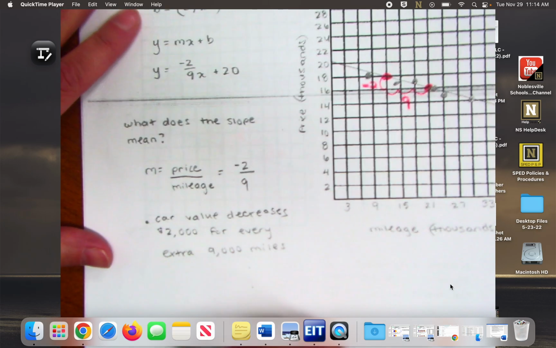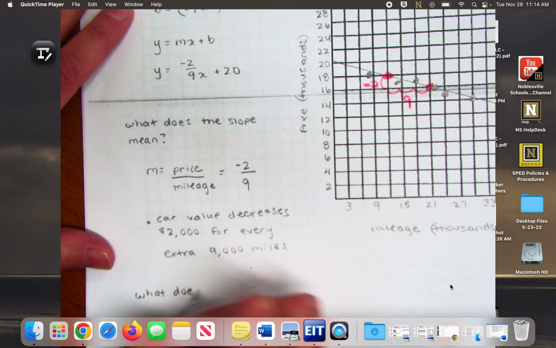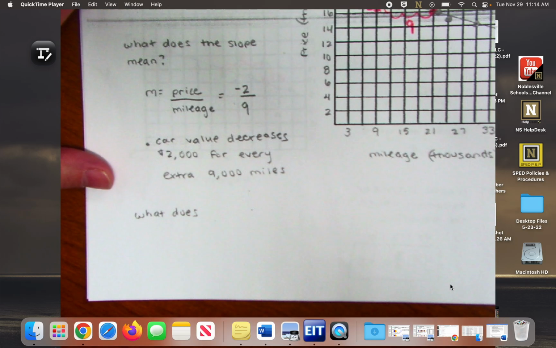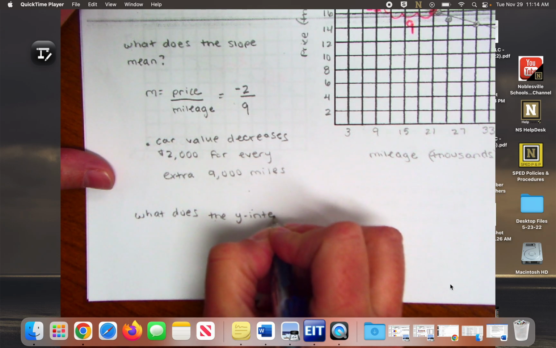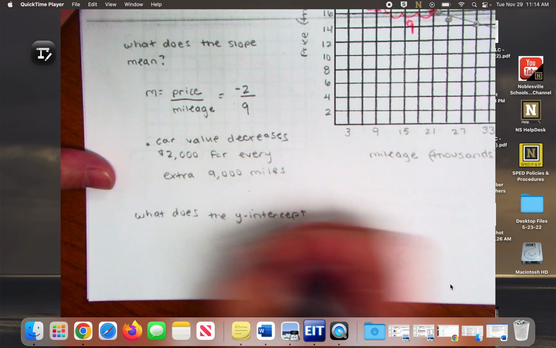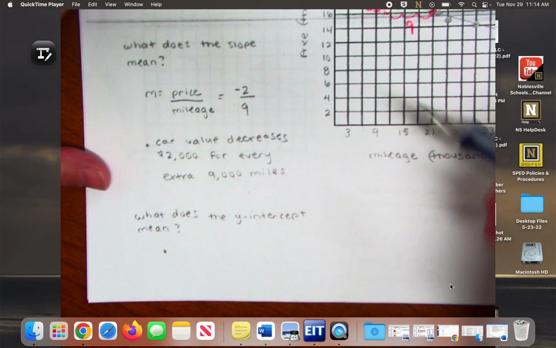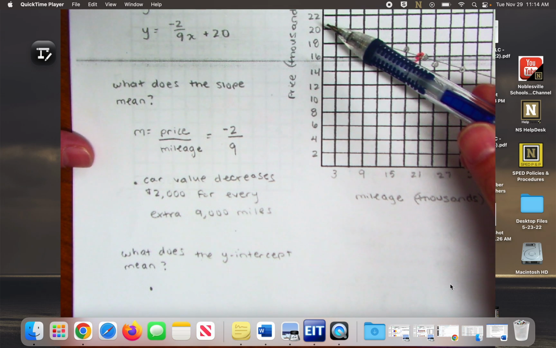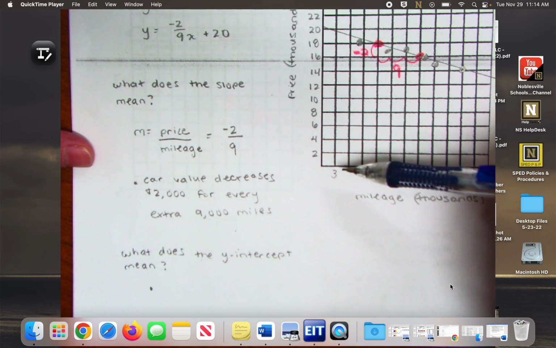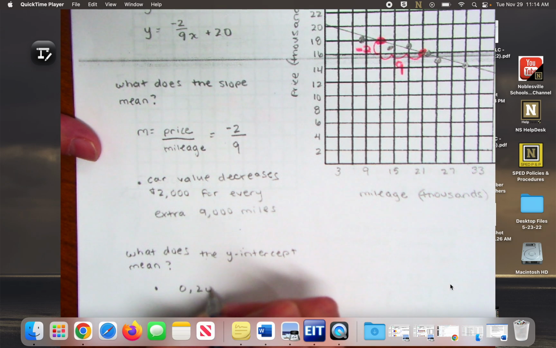And then let's talk about, what does the y-intercept mean? Well, my y-intercept is 0, 20, right? So what this tells me is that at 0 miles, right? So 0, 20.